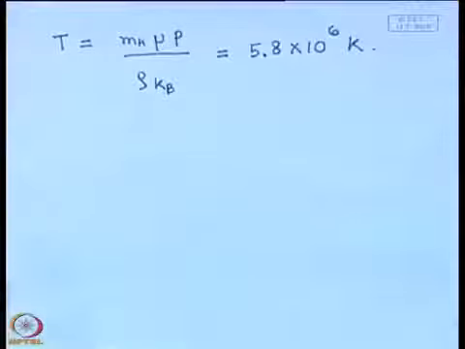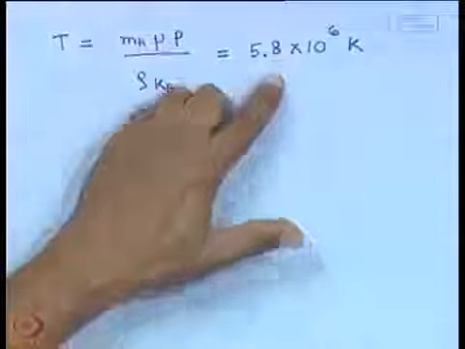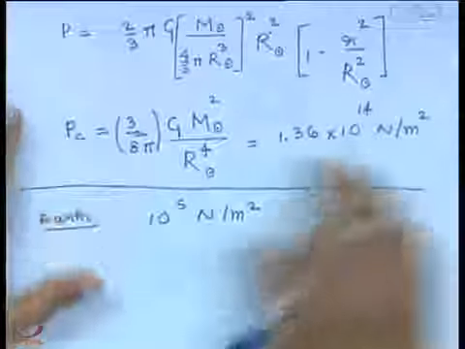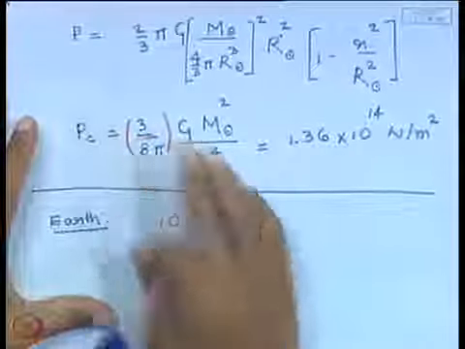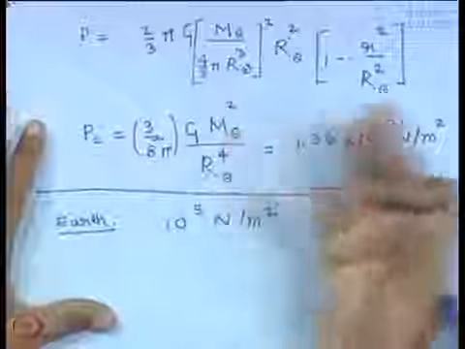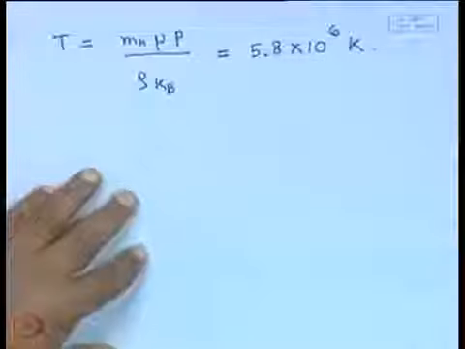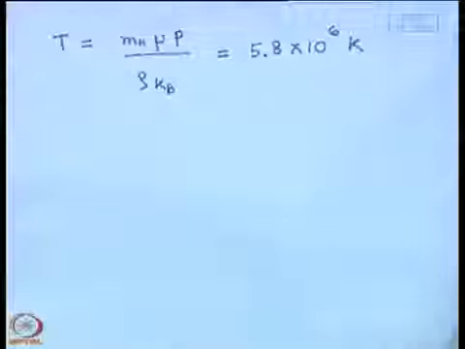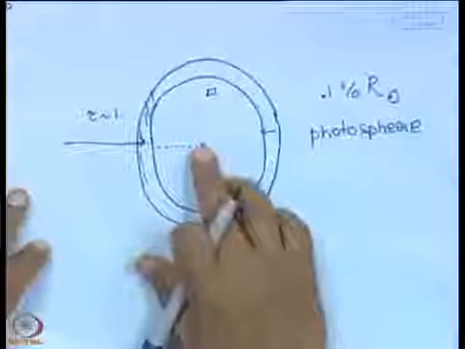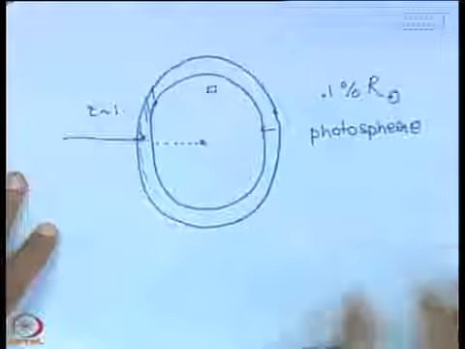Again, do not take this number very seriously. The main point is that the temperature also will scale proportional to these factors, and it will have some numerical factor which could be off by an order of magnitude or so. So the temperature at the center of the sun, from what we have estimated, is somewhere of the order of tens of millions Kelvin.